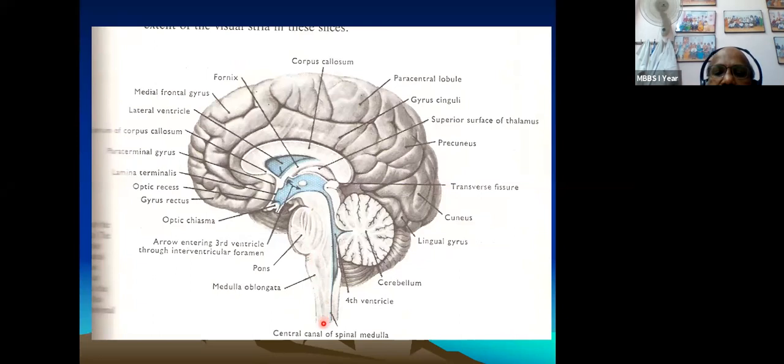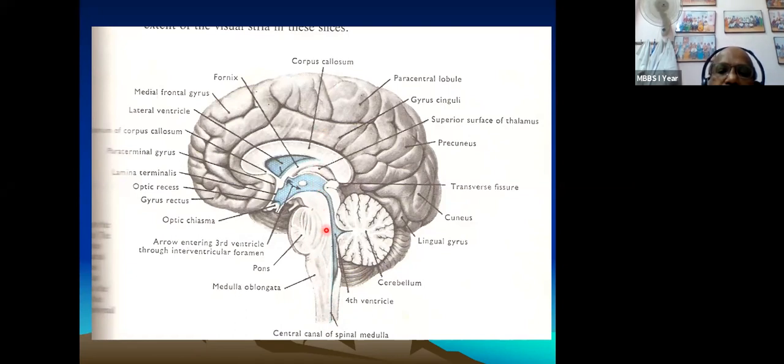Okay, so all the tracts you are reading here, of course, this is medulla, then spinal cord. For all the tracts you are going to read through the transverse section of medulla at 3 levels, 2 levels of pons, 2 levels of midbrain. So you are tracing all the tracts from the spinal cord, medulla, pons, midbrain, thalamus to cerebral cortex.